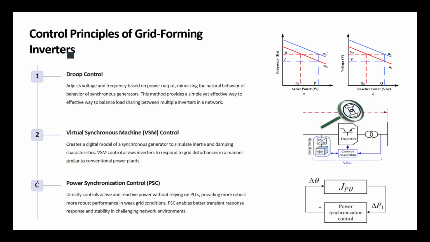We are going to see a little bit more detail on that, but we are not going to focus on that. The focus of this course is on pure droop control. You can search on the VSM and the power synchronization control. They both work basically the same, but eventually they have to apply the droop control in their output.